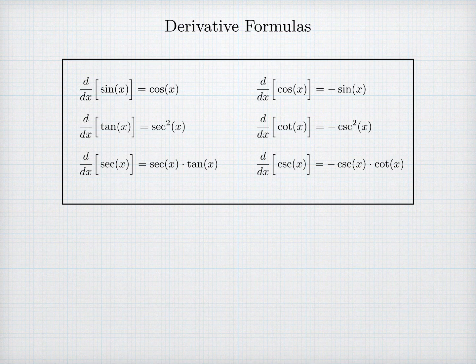For each of my three co-functions, the cosine, the cotangent, and the cosecant, they follow the same basic rule as the sine, tangent, and secant, but we introduce a negative sign and we use the corresponding complementary function. So cosine's derivative is negative sine, cotangent's derivative is negative cosecant squared, and the cosecant's derivative is negative cosecant times the cotangent.